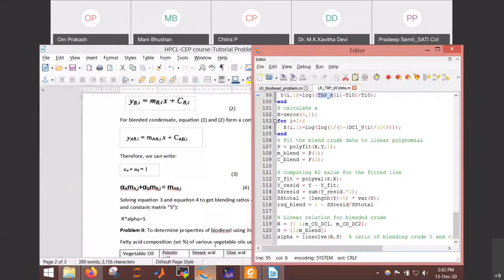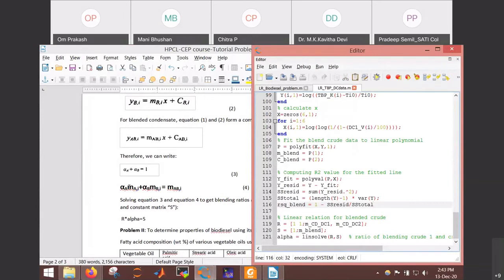So if you see here, I have written it in matrix form. These are my two equations. The coefficient of alpha A is 1, and the coefficient of alpha B is 1, so I have this first row, semicolon, second row.